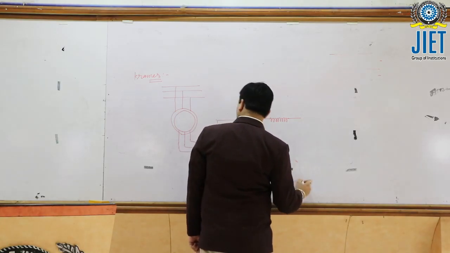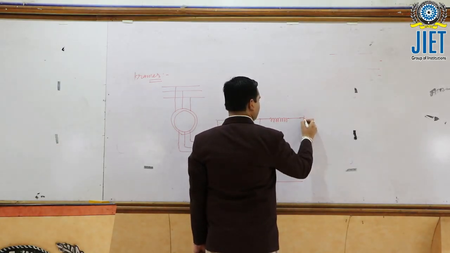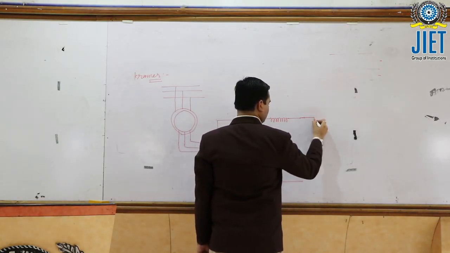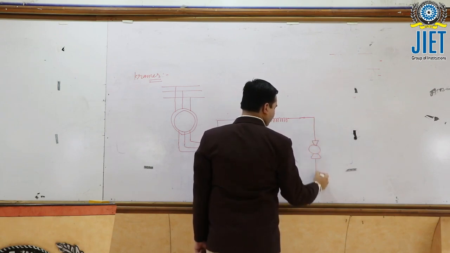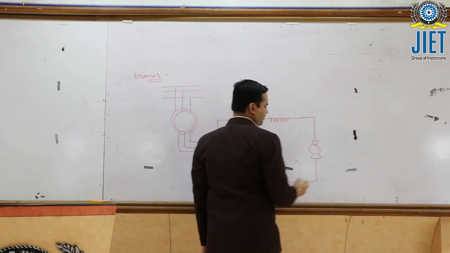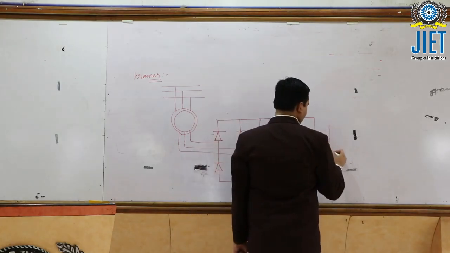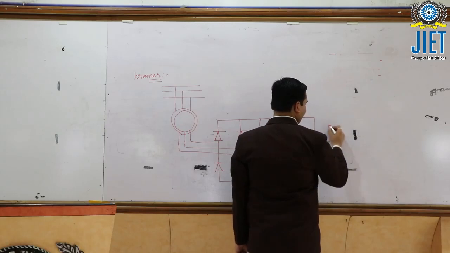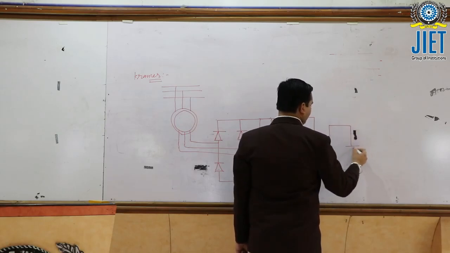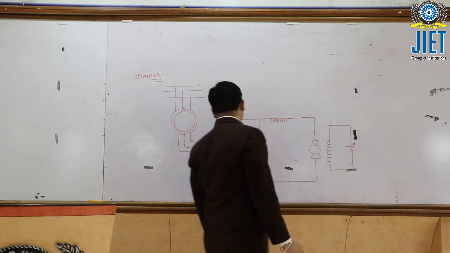Then this DC link inductor is connected to a DC motor like this. This is the separately excited DC motor. Self-excited and separately excited, two kinds of motors are there. Now in this method, we are using a separately excited DC motor.